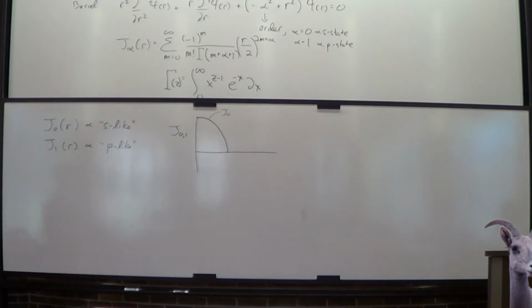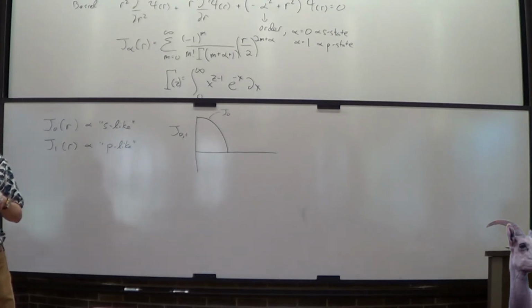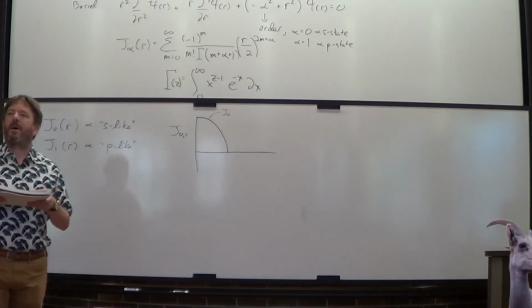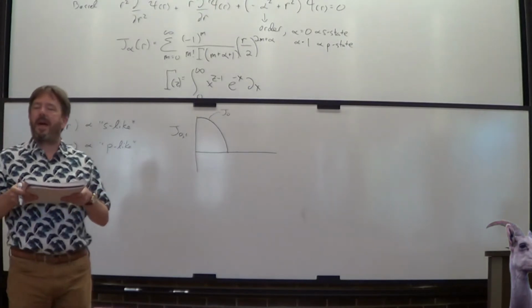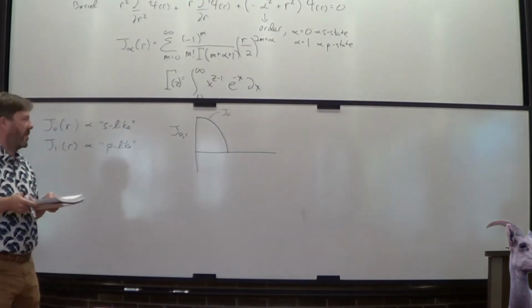Just like in a particle in a box, we have to pick the solution to stop at the boundary. It's got to be 0 at the boundary, right? Because if it steps out of the boundary, it's now in an infinite potential surface. It requires an infinite amount of energy to do so, and there's not an infinite amount of energy in the universe.